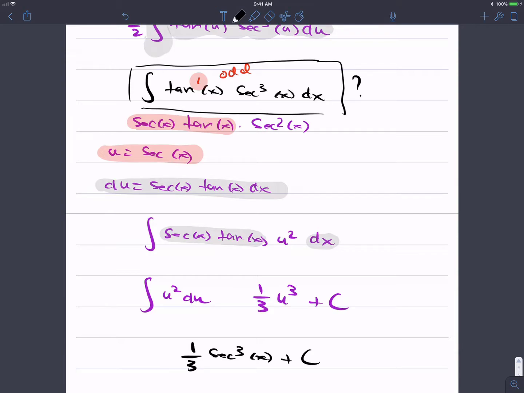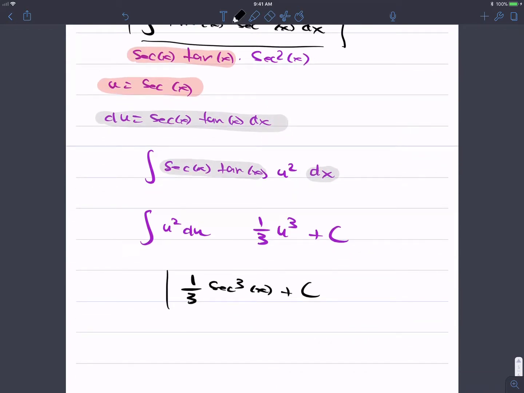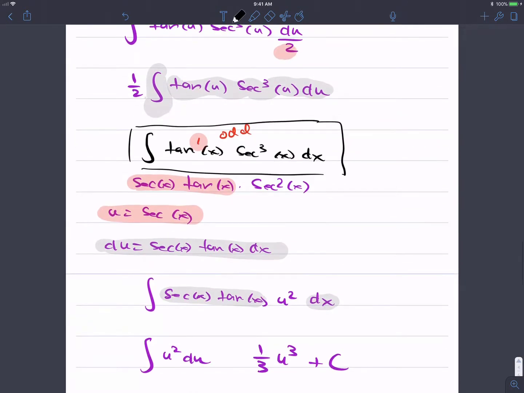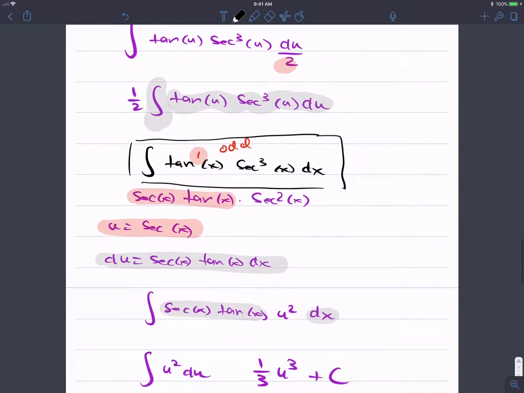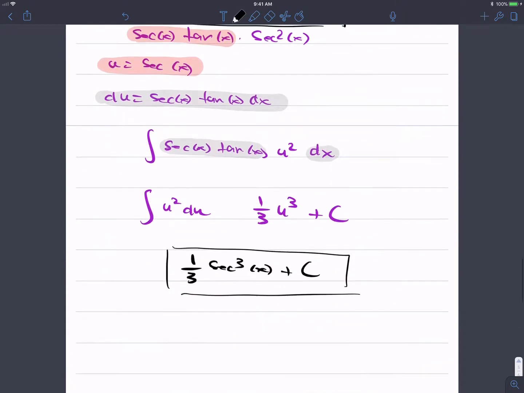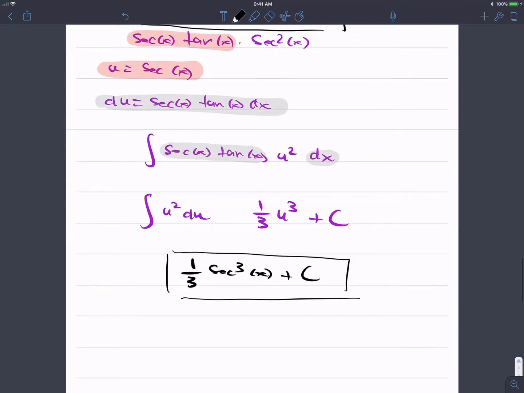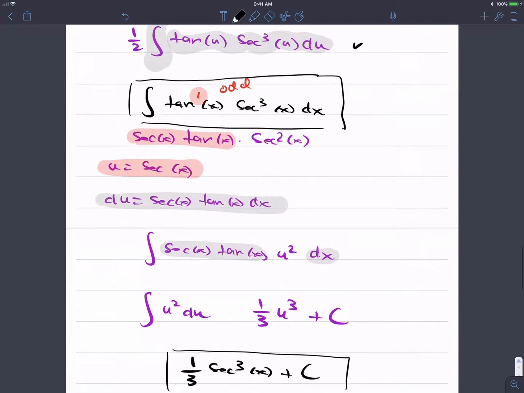So we can generate the u substitution version of this. Well, we already know what it is. It is 1/3 secant cubed x plus c. So in other words, here's what happens. I'm going to replace this integral right here in gray with what it actually is, 1/3 secant cubed plus c, but I'm going to change my x to a u.